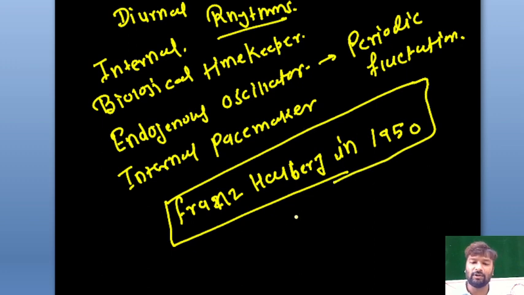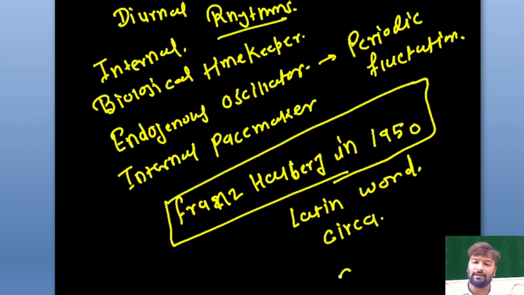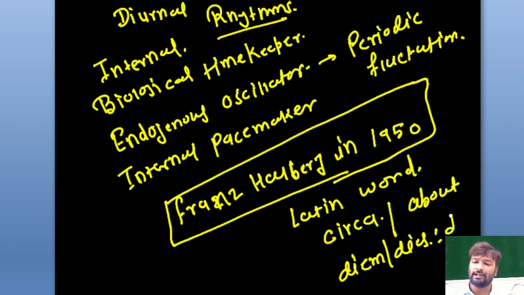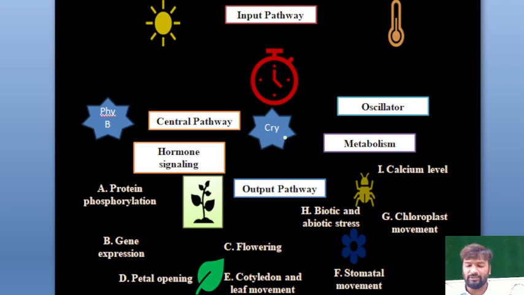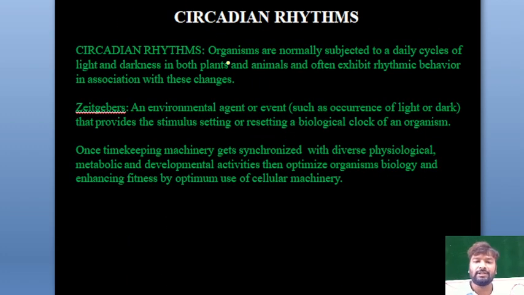So what is the meaning of this? It is a Latin word. Circa means about and diem means days, about a day. So what is the definition of circadian rhythms?